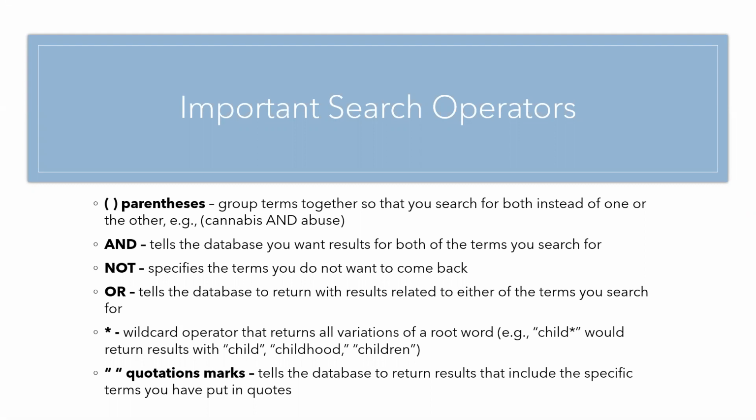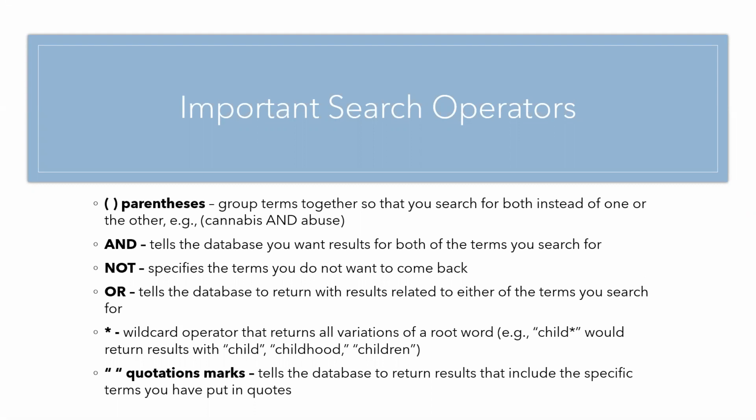The AND tells the database you want results for both of the terms you search for, NOT specifies the term that you do not want to come back, like psychopathology in our psychopath search, and OR tells the database to return with results related to either of the terms you searched for.